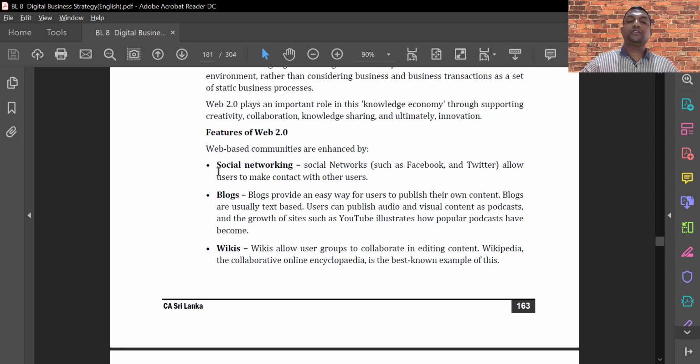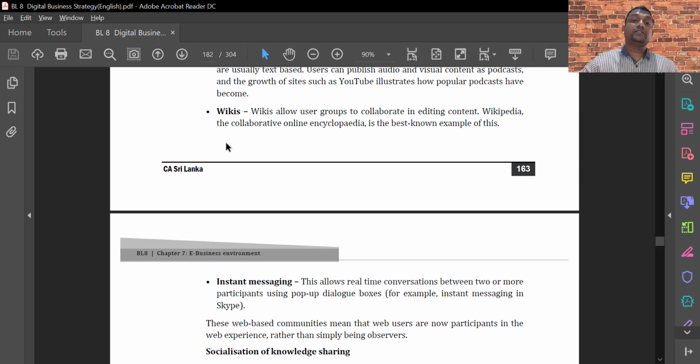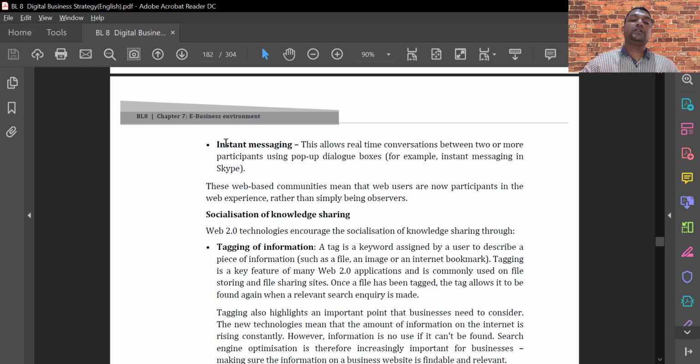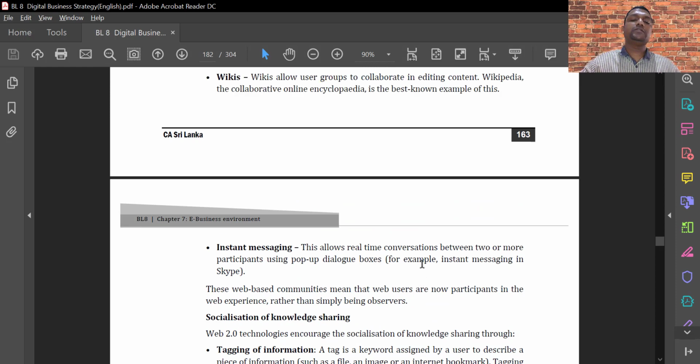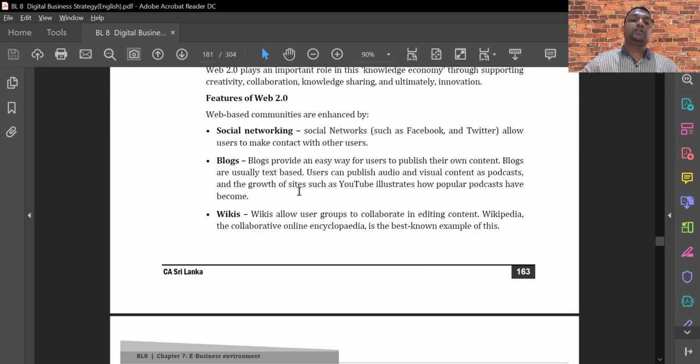As we talk about Web 2.0, social networking was introduced, blogs were introduced, the concept of wikis, I think you know Wikipedia, so that concept was introduced, and instant messaging was introduced. All these were introduced when the Web 2.0 concept came.